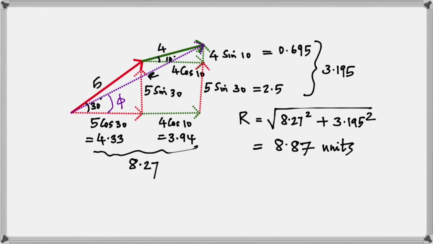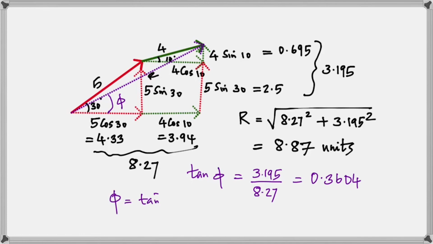How do you find that angle? Tan phi is 3.195 divided by 8.27. So when you divide it, you get 0.3604 maybe, and then take the tan inverse of that.